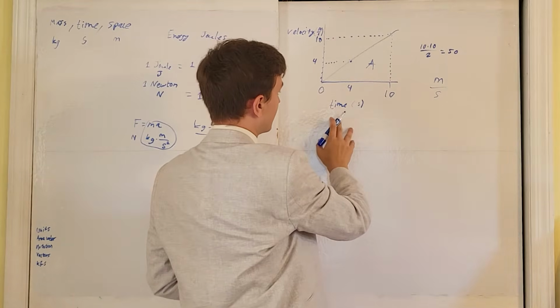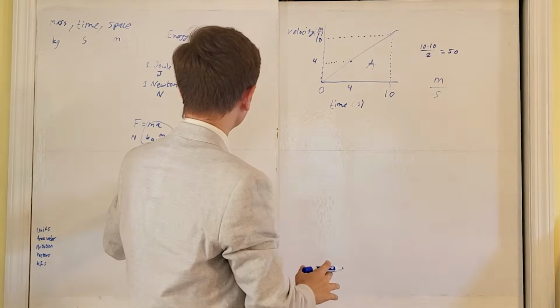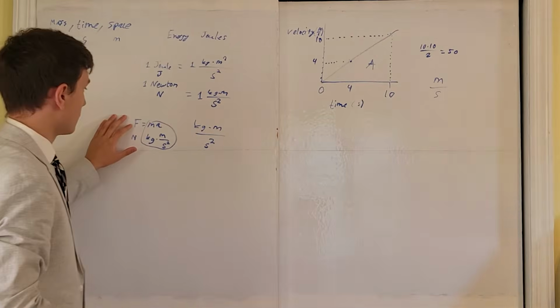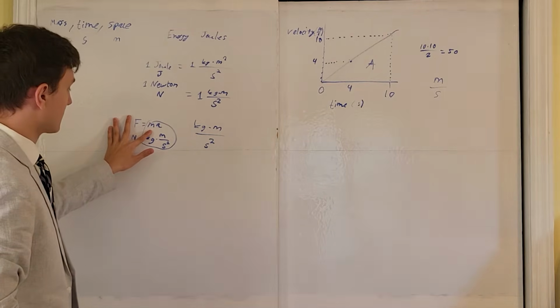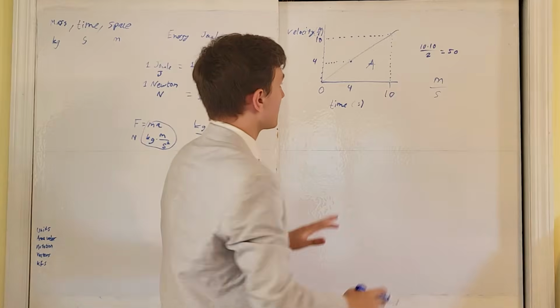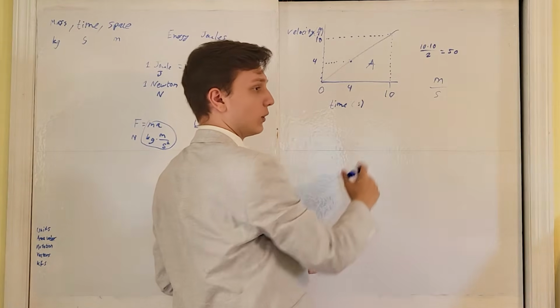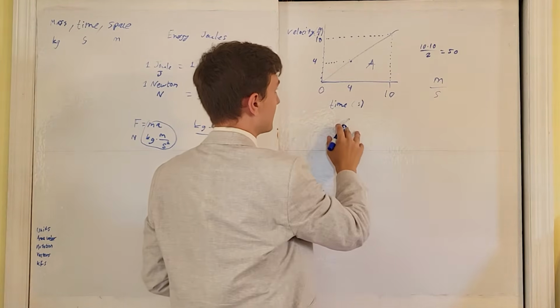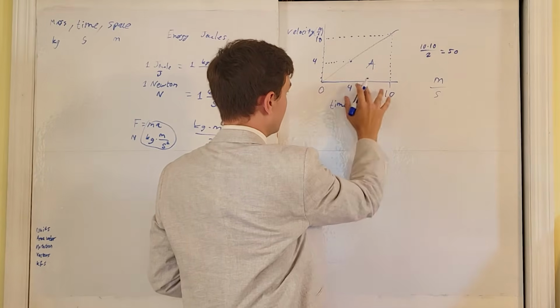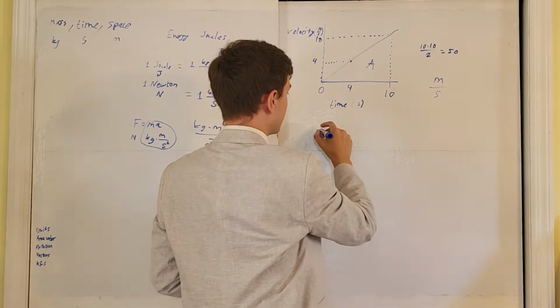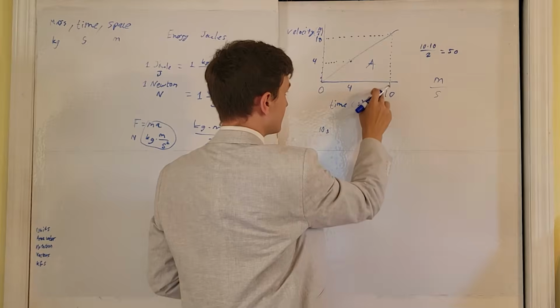So, like I was alluding to before, when we do any equation, when we do any combination, we need to pay attention to what our units are doing. So in this case, we are doing the base, which is 10 seconds.